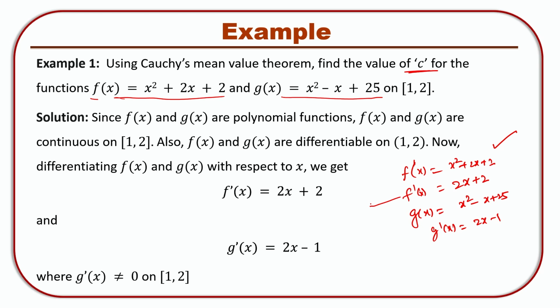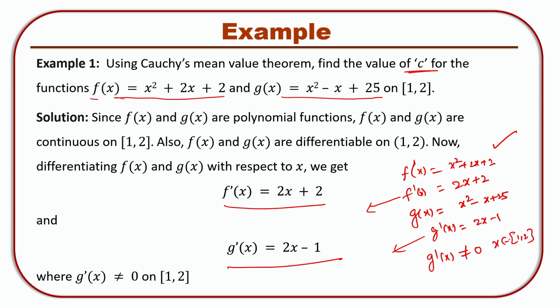And here f dash is calculated, g dash is calculated. That means both functions are differentiable as well in (1, 2). Now f dash is given, g dash is given, and can we check that g dash of x is not equal to 0 for x belonging to (1, 2)?